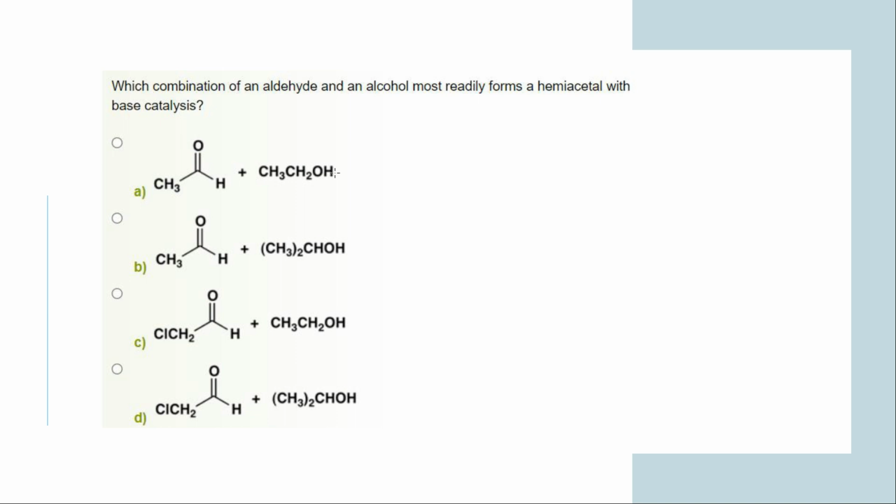When we are looking at hemiacetal formation, the incoming alcohol will attack the carbonyl carbon, so you need a more sterically favored alcohol. In the case of these four options, you do not need to look at the electron density first. The first priority should be the sterically favored alcohol, which will not cause any hindrance at the carbonyl carbon while incoming.